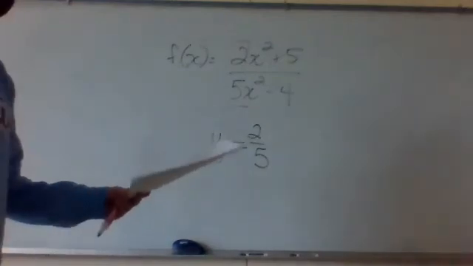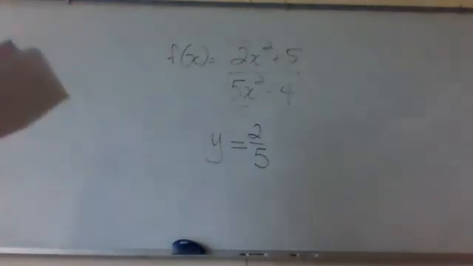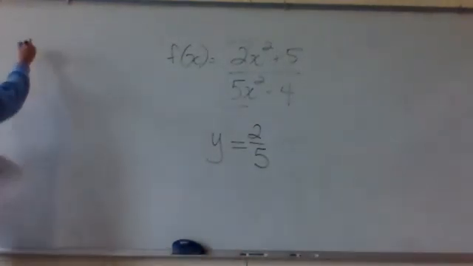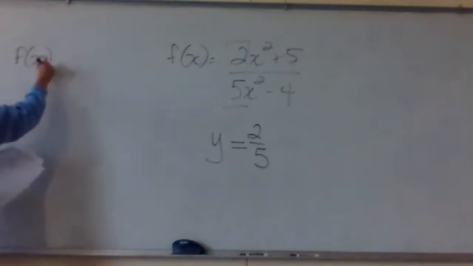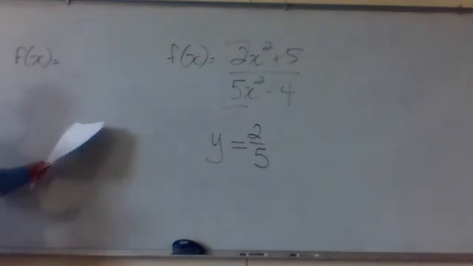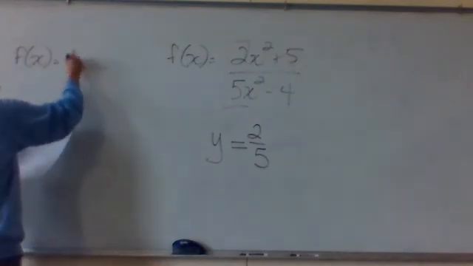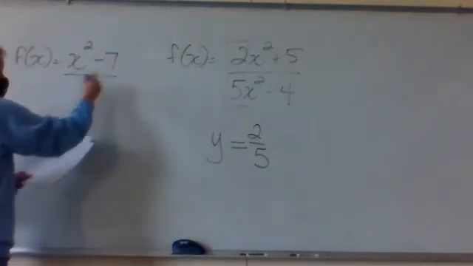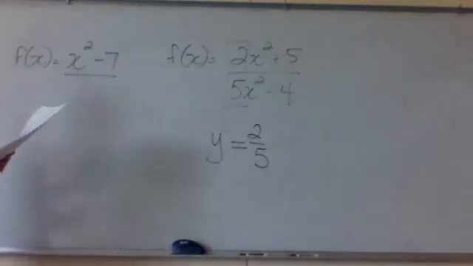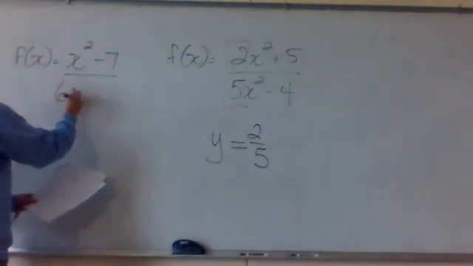Number 12. F of x equals x squared minus 7 over 6x to the 4th plus 7.